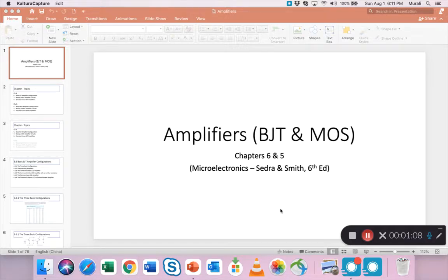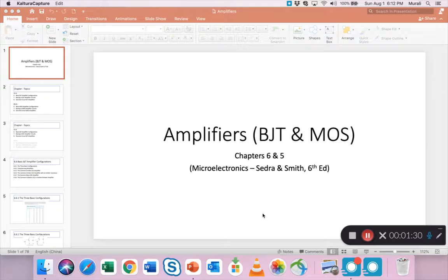Now, in the newer edition, the 7th edition of the same textbook, a lot of this material has been removed from chapters 5 and 6 and put in chapter 7 as a new chapter called Amplifiers. So I will also borrow a lot of material from the new edition.